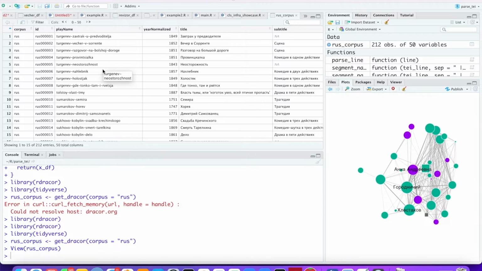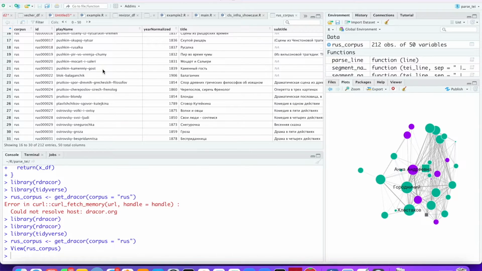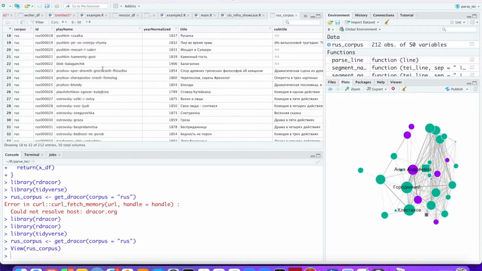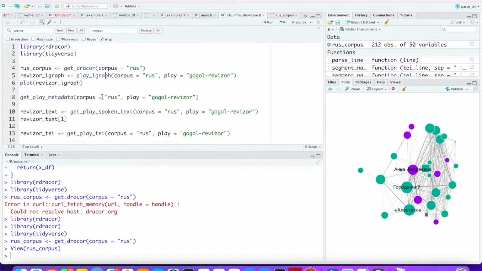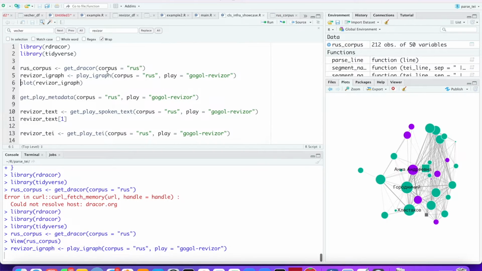We want to show what you can get for one play, using a very famous Russian play, Revizor by Gogol. So let's use the function playAgraph that can load the play as a graph object.